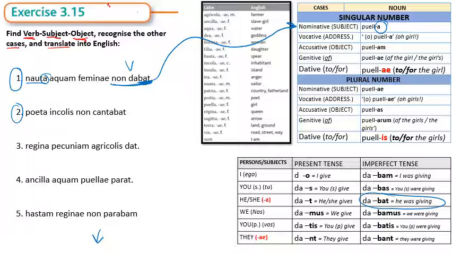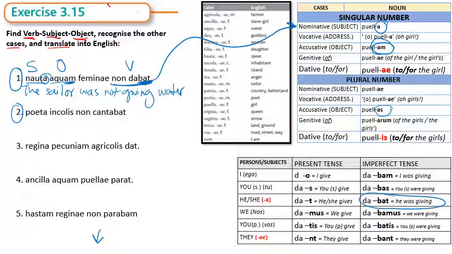Yes, that's it, nauta. So the sailor, non dabat, was not giving. Now I need an object. My object needs to end in either am or as, and I do have aquam. The sailor was not giving aquam, water.